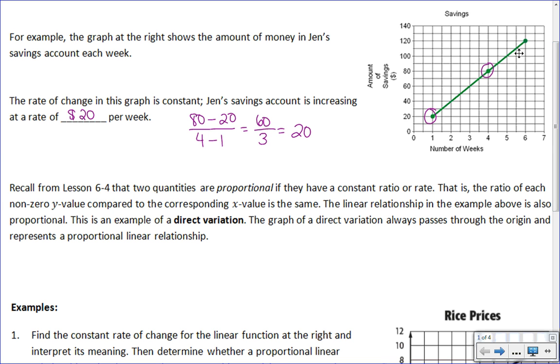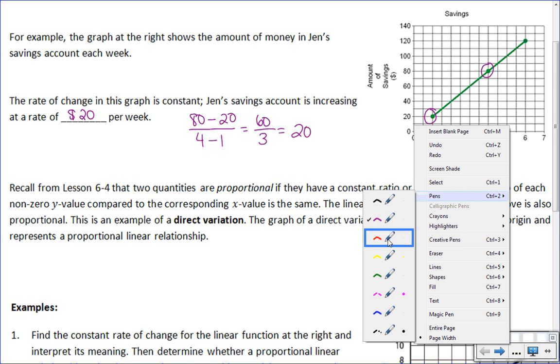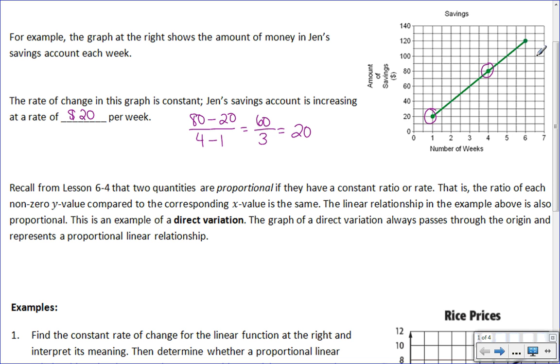So if you think about these 3 points being listed in a table instead of graphed on this graph, what we would be checking is to see if 20 divided by 1 is the same as 80 divided by 4, and also the same as 120 divided by 6. And that's what we did from a table, but you can also do that from a graph.